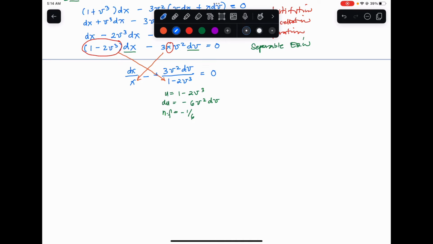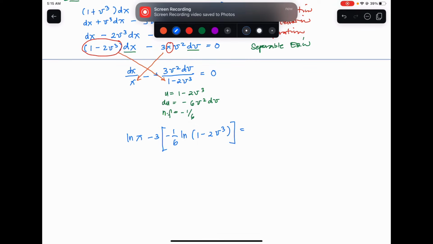So integrate 2 dx over x minus 3v squared dv over 1 minus 2v cubed. The integral of that will be ln x, and then I'll have a negative 3. The neutralizing factor is negative 1 over 6. So ln of 1 minus 2v cubed is equal to c.